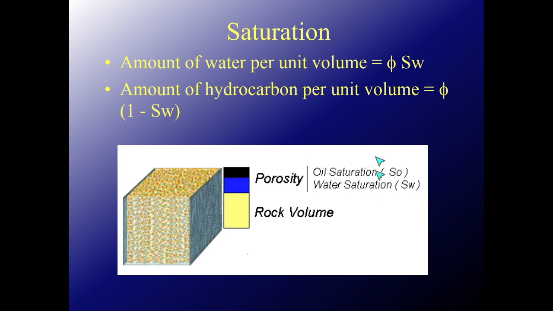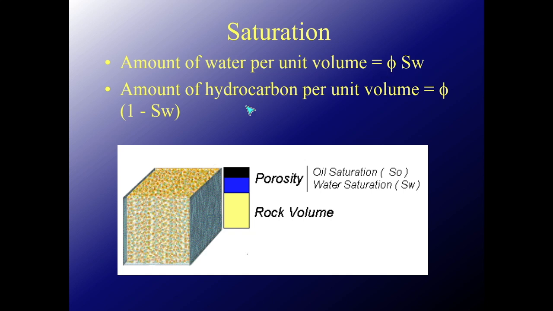In this case, the amount of water per unit volume equals porosity, which is a kind of ratio which gives the blue and black color, multiplied by saturation of water.